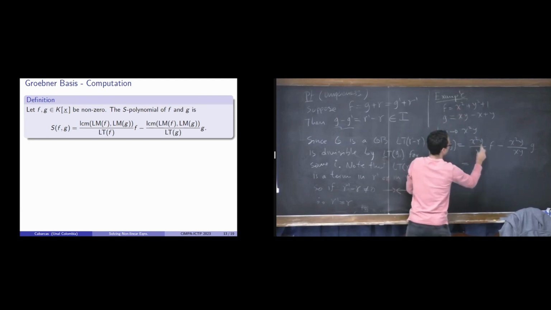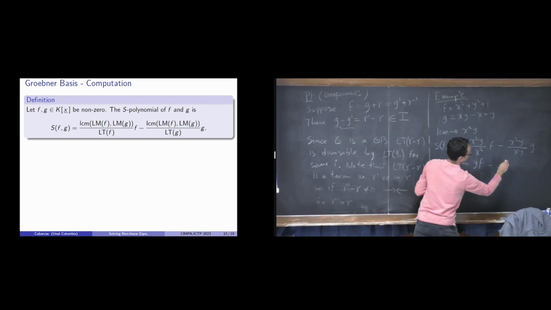So this is multiplying F by y and multiplying G by x.